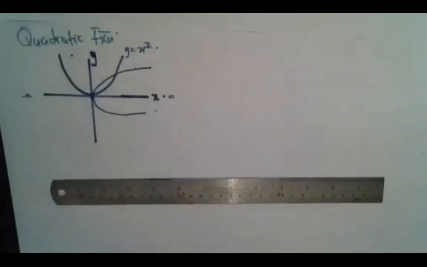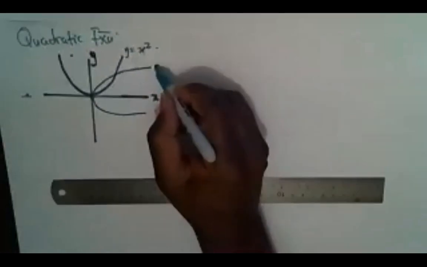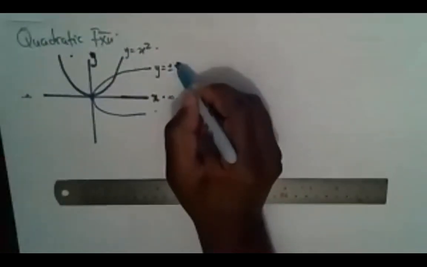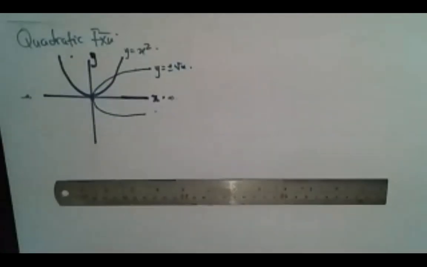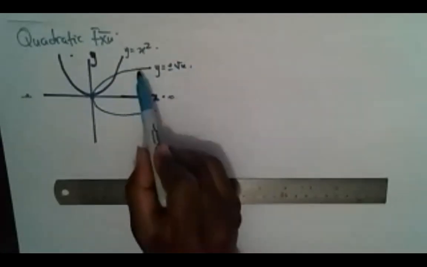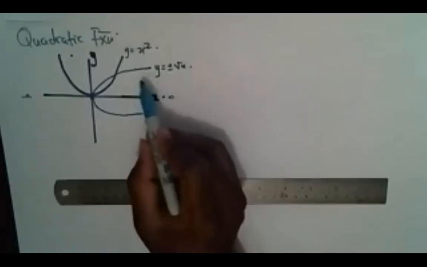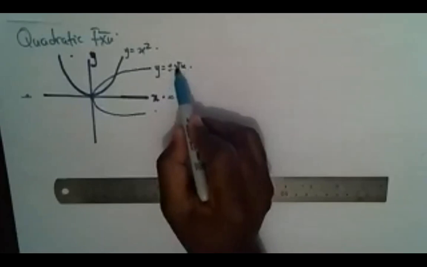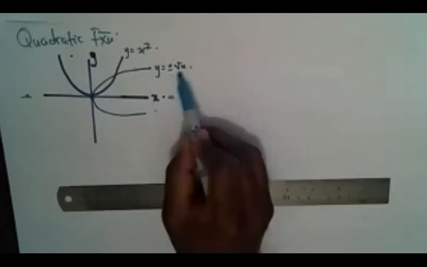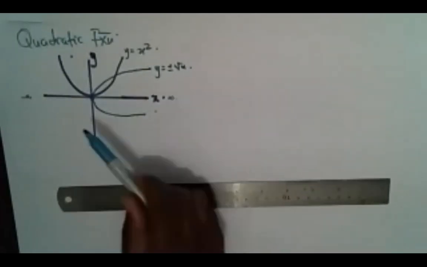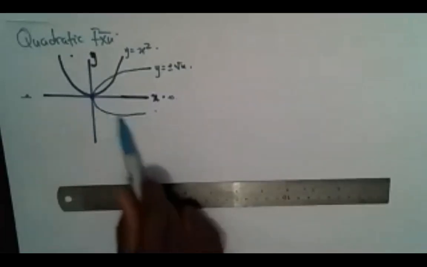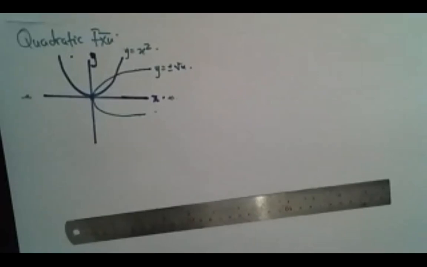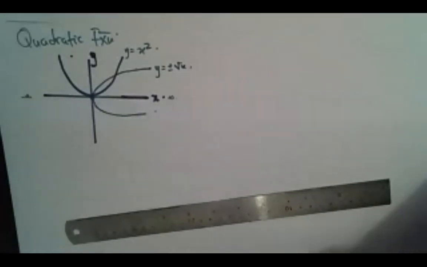It passes through the same point. This is y equals plus or minus the square root of x, of which the top part is y equals the positive square root of x, and the bottom part is y equals the negative square root of x. And you can see that this arm is a reflection of this arm, and this arm is a reflection of this arm.